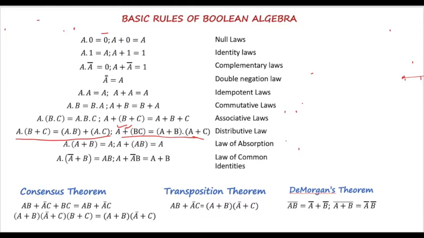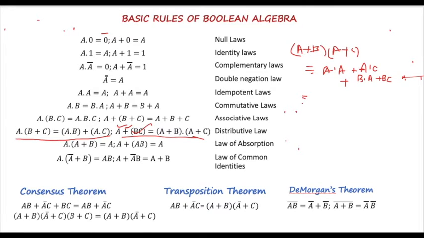Now here you can see, equals A dot A plus A dot C plus B dot A plus BC.